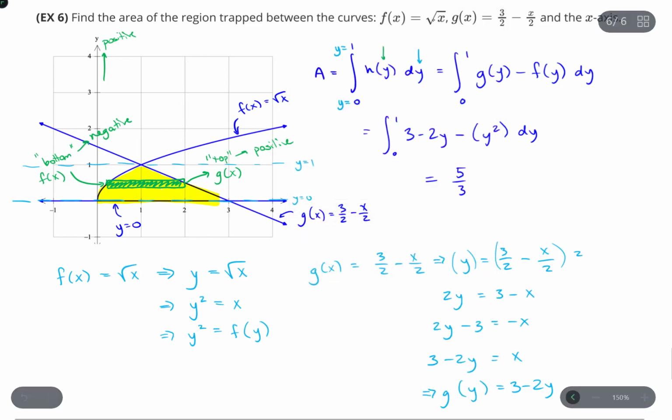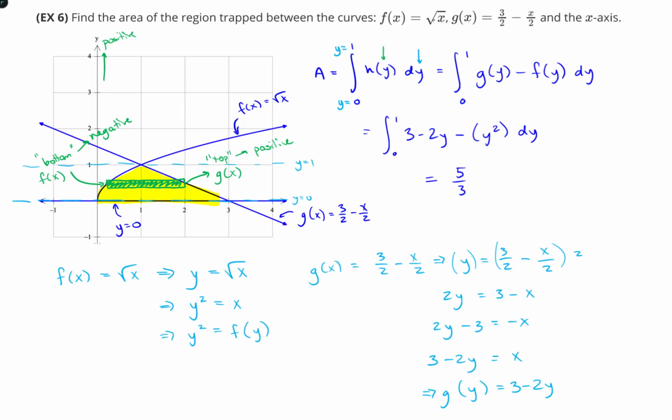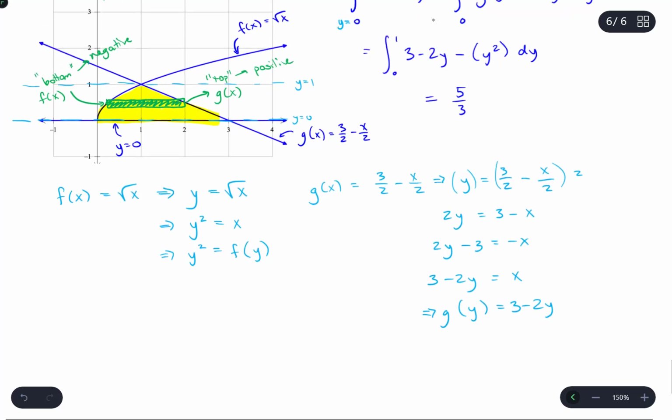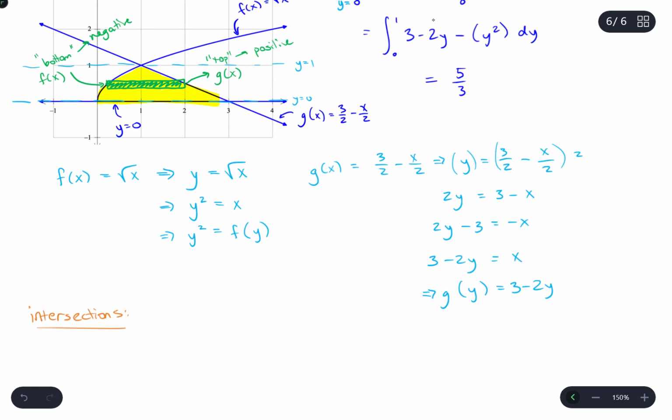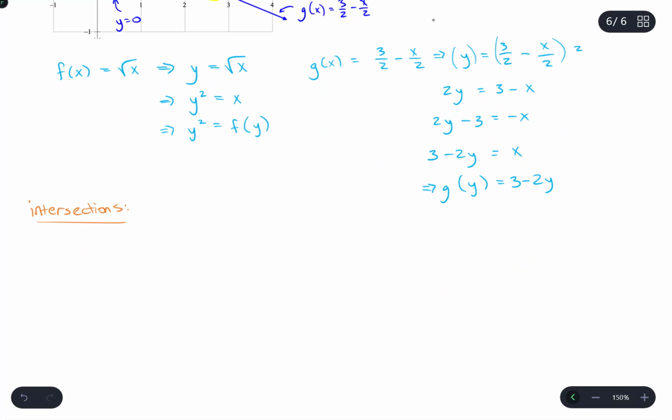The last thing that might help you through your homework, and I promise this is the last one, is intersection points. If you needed to compute intersection points and you happen to have functions that are in terms of y, you can still do the same process. You can still set f of y equal to g of y and solve.